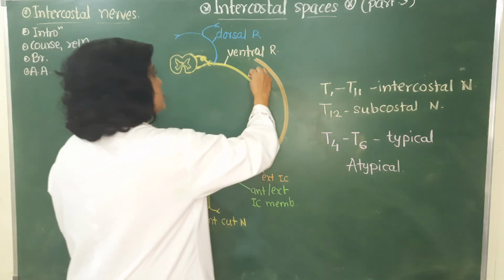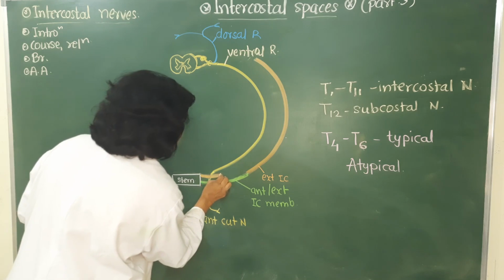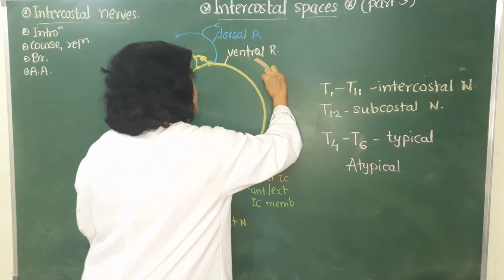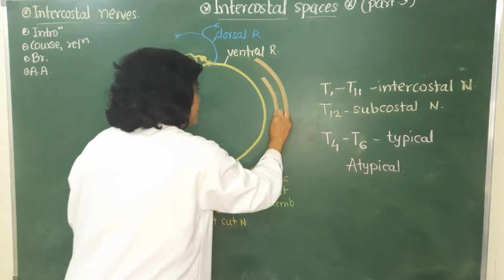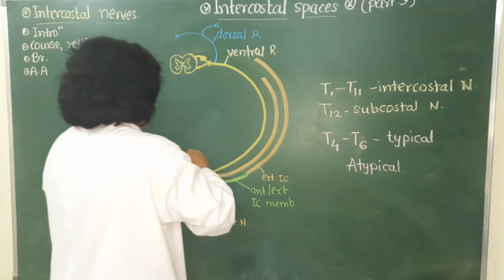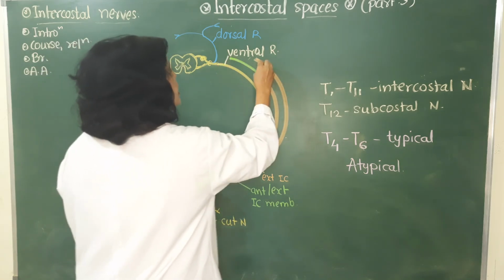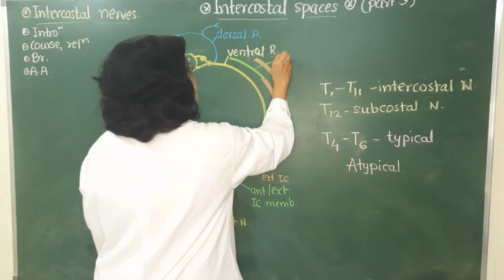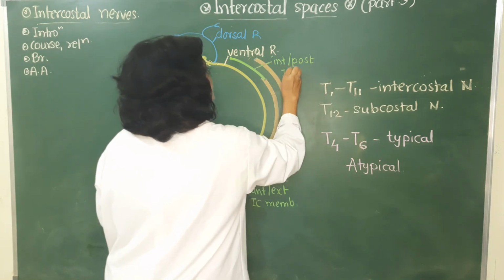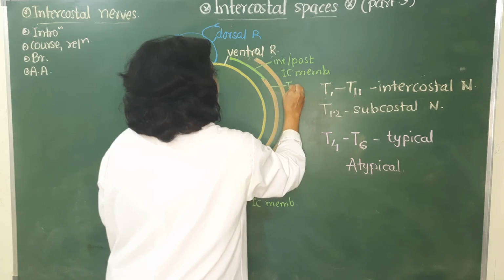Now inner to that you get the internal intercostal muscle, and this muscle is fleshy in the anterior part, while the posterior part of the muscle is replaced by a membrane, and this membrane is called the internal or also called the posterior intercostal membrane.